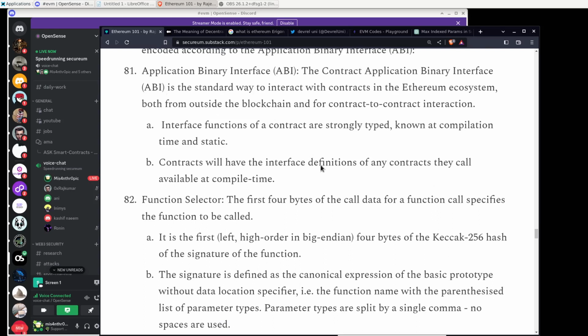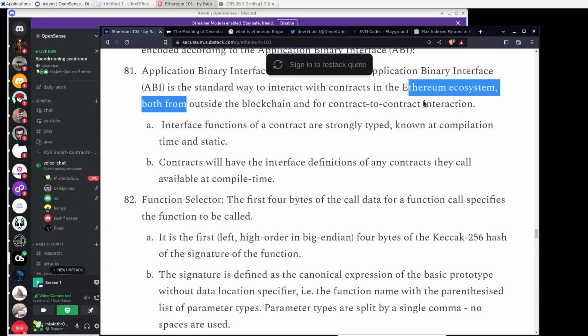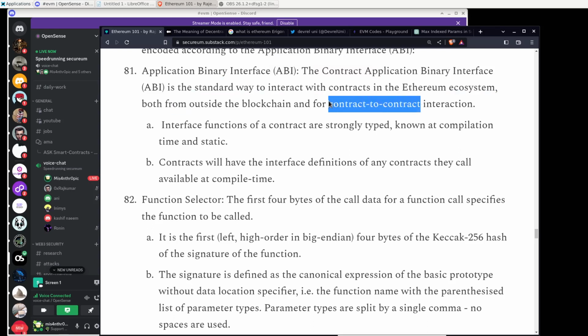Application binary interface. The contract application binary interface is the standard way to interact with contracts in the Ethereum ecosystem, both from outside the blockchain and for contract to contract interaction, so starting from a wallet or operations between contracts.